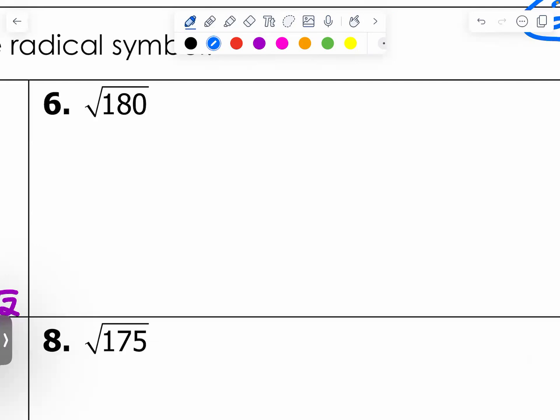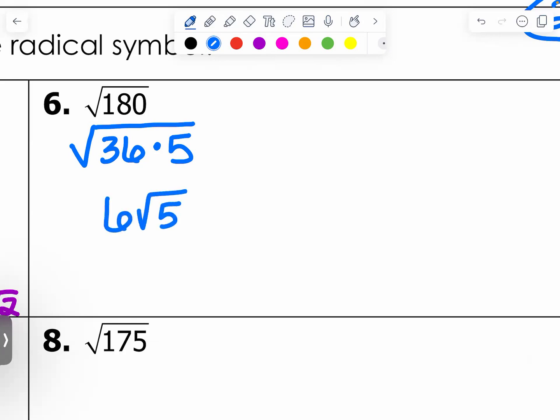So you have a calculator, 36 times what? Okay, so 180 is 36 times 5. And what's the square root of 36? 6. Now, it took us a little bit of time to get there.